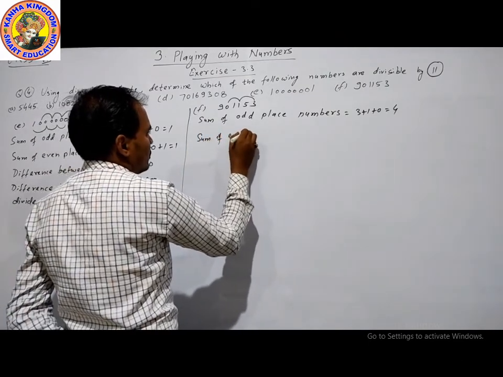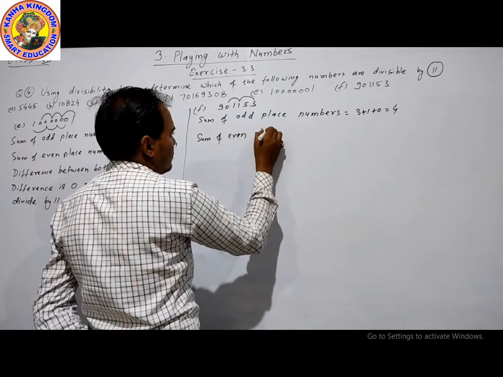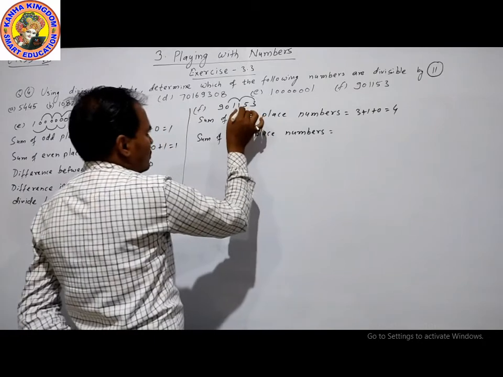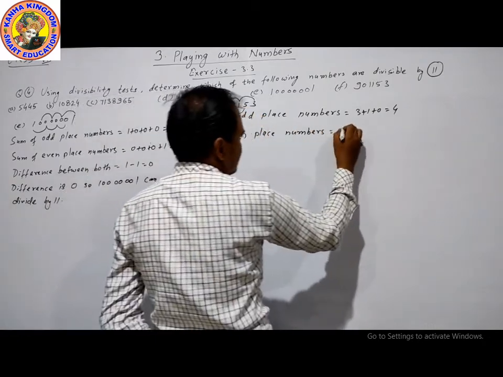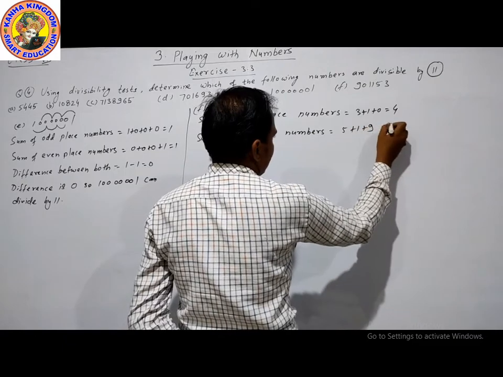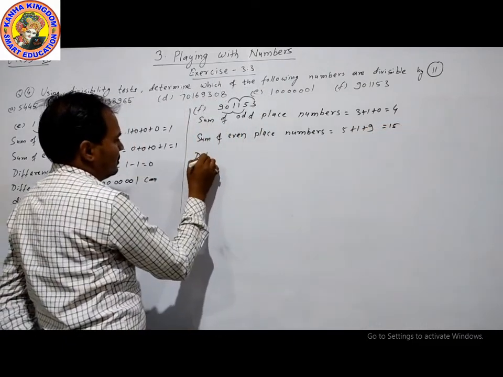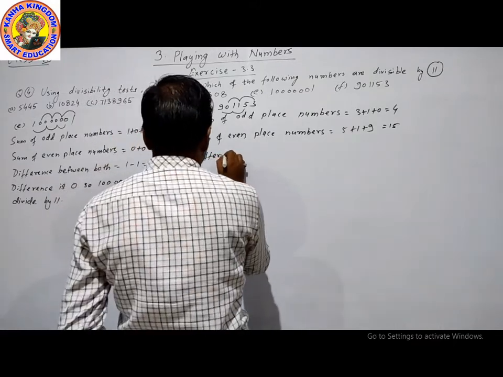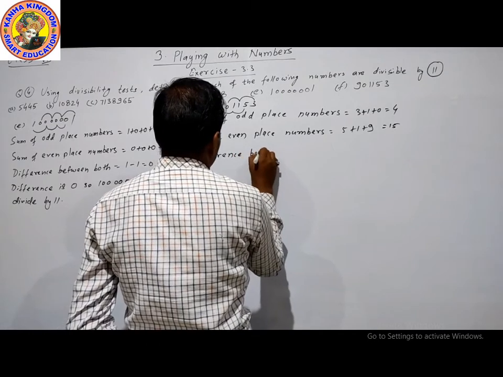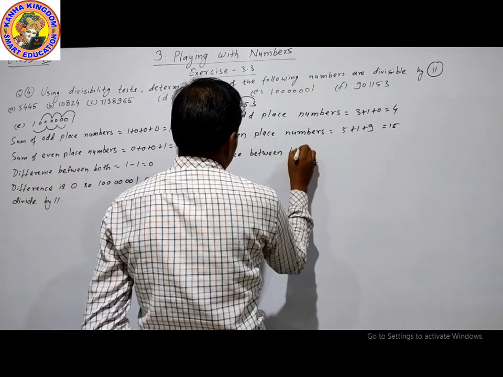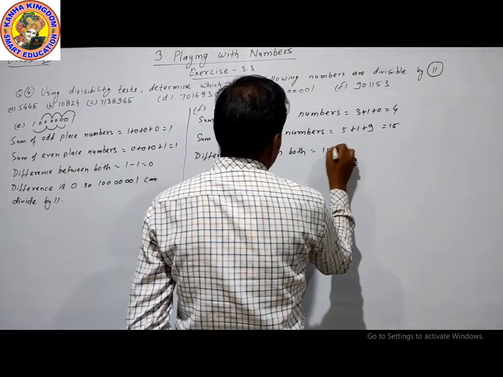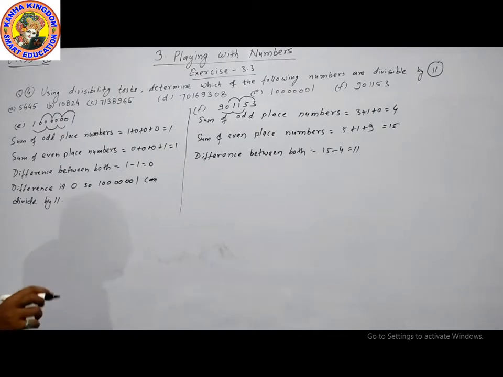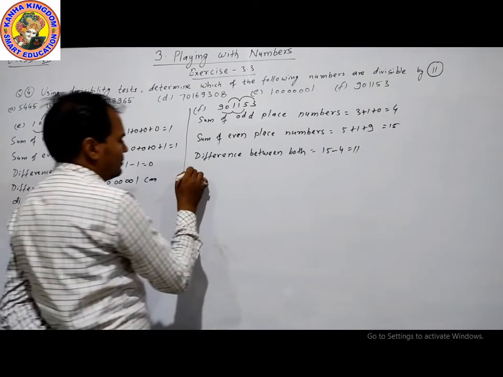Sum of even place numbers: 5, 1, 9. 5 plus 1 plus 9 is 15. Difference between both, 15 minus 4 is 11. The difference can be divided by 11, so the number is also divisible by 11.